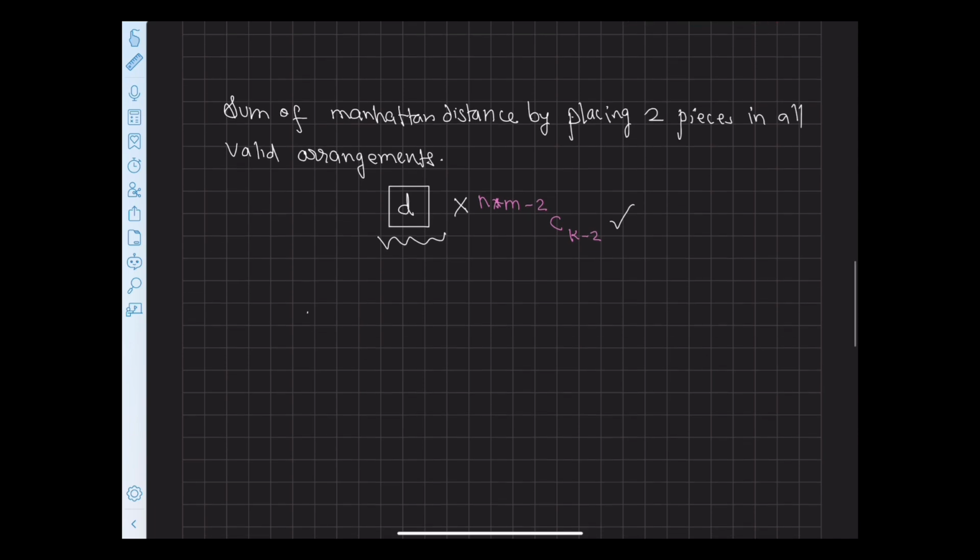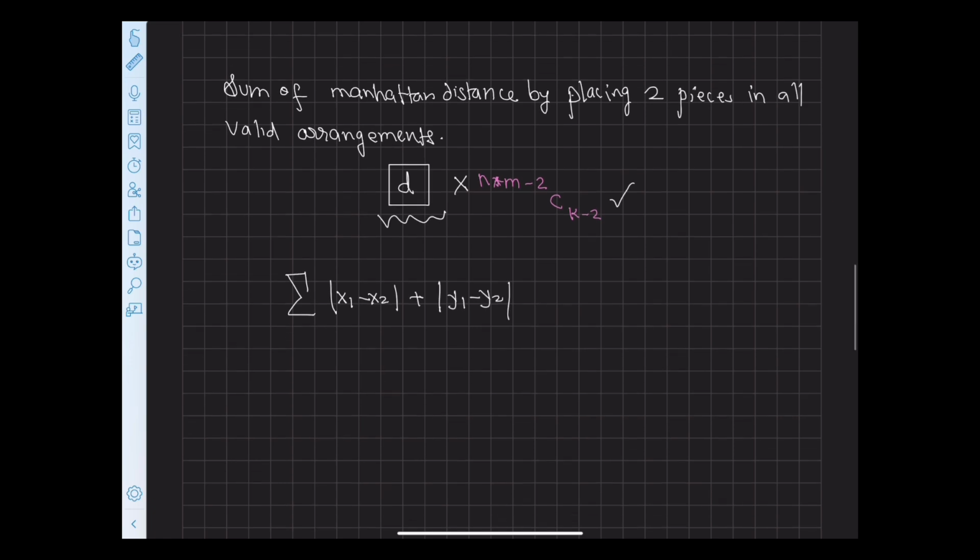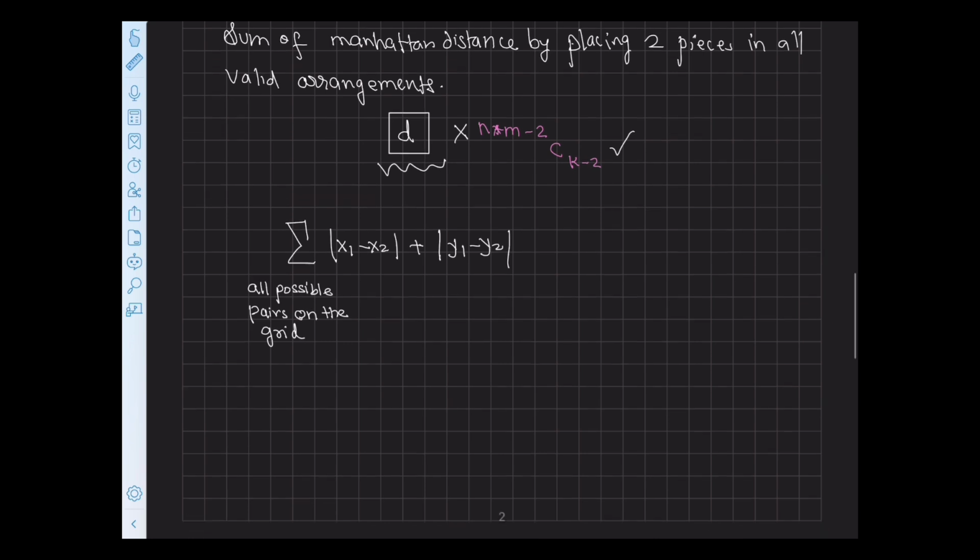So I can represent this d as the sum of |x1 minus x2| plus |y1 minus y2|, isn't it? And we have to find out the sum over all the possible pairs on the grid.